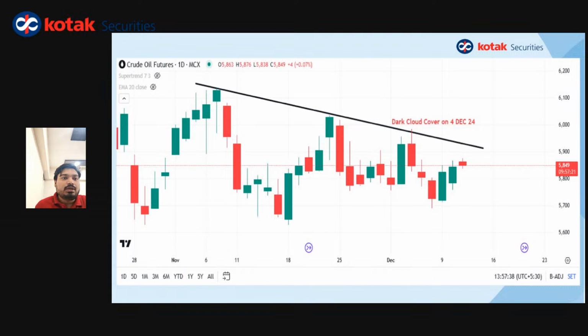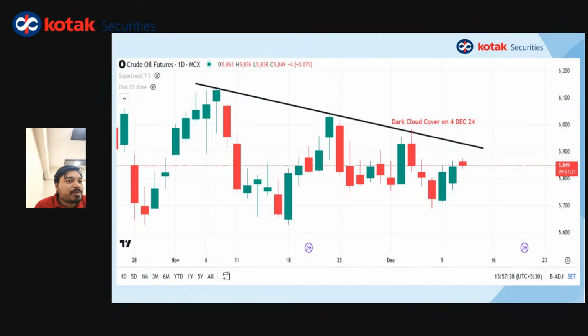The red candle is a dark cloud cover, which formed on 4th of December 2024. This was the third time that crude oil respected the resistance of the falling trend line. It just touched that trend line, fell, and closed more than half of that green candle, forming a dark cloud cover candlestick pattern.